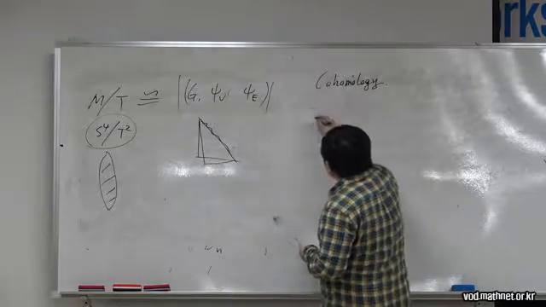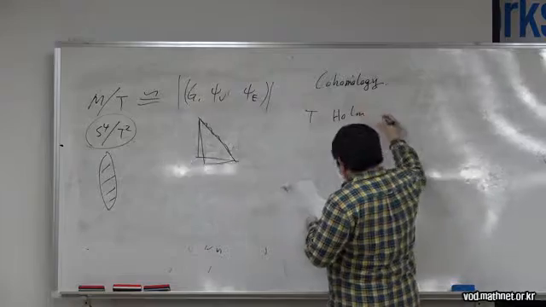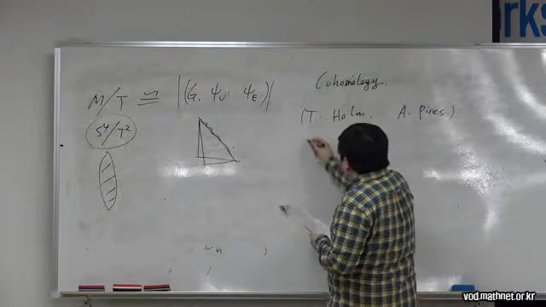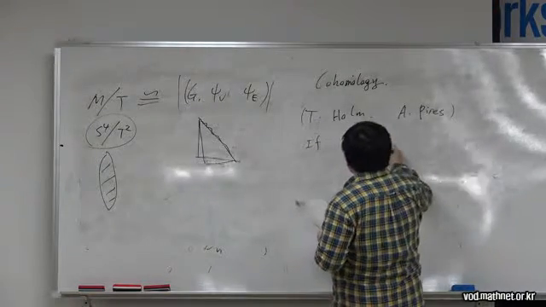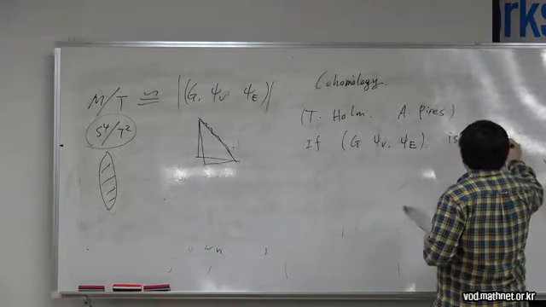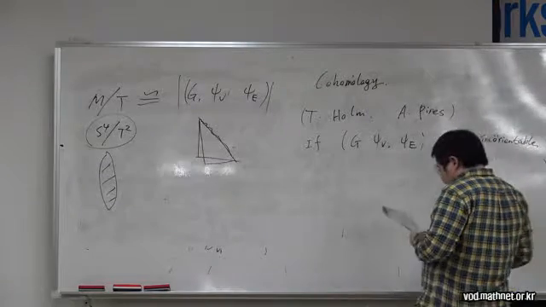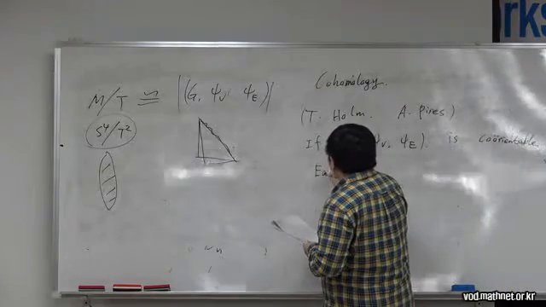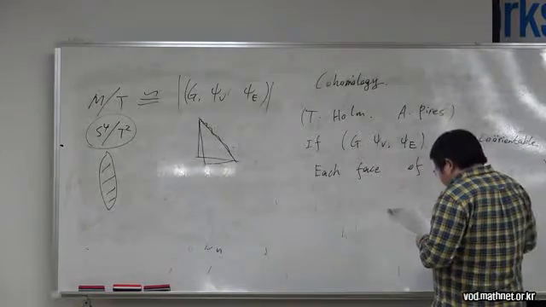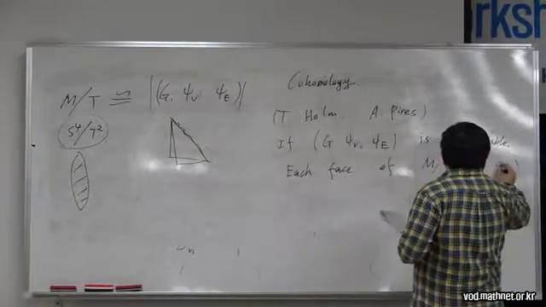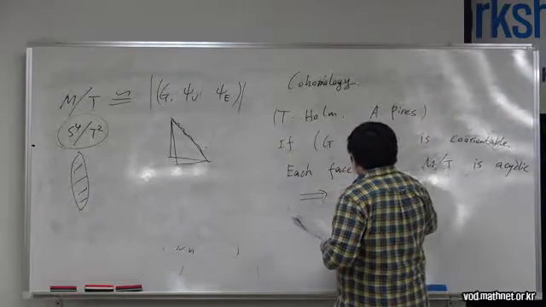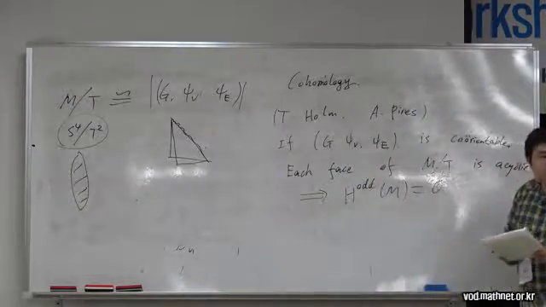In fact, Holm and Pires have shown that if this template is co-orientable and each face of M over T is acyclic, then the odd degree cohomology vanishes.